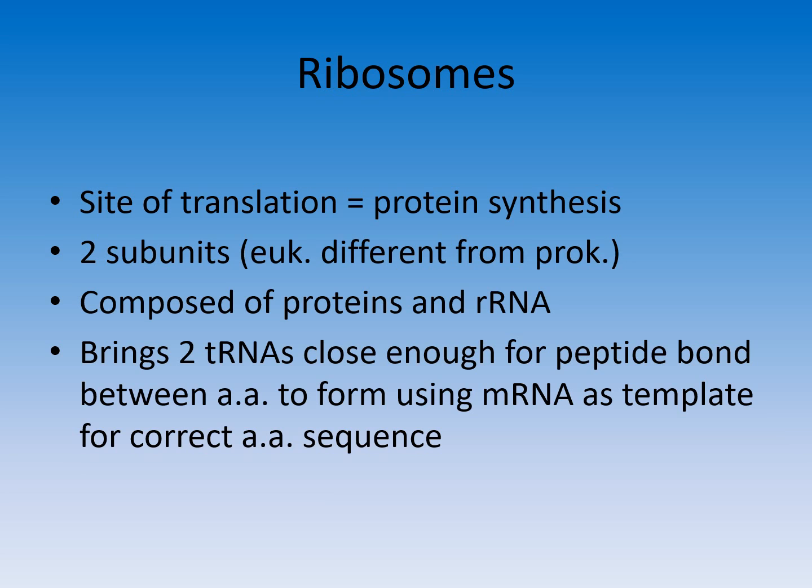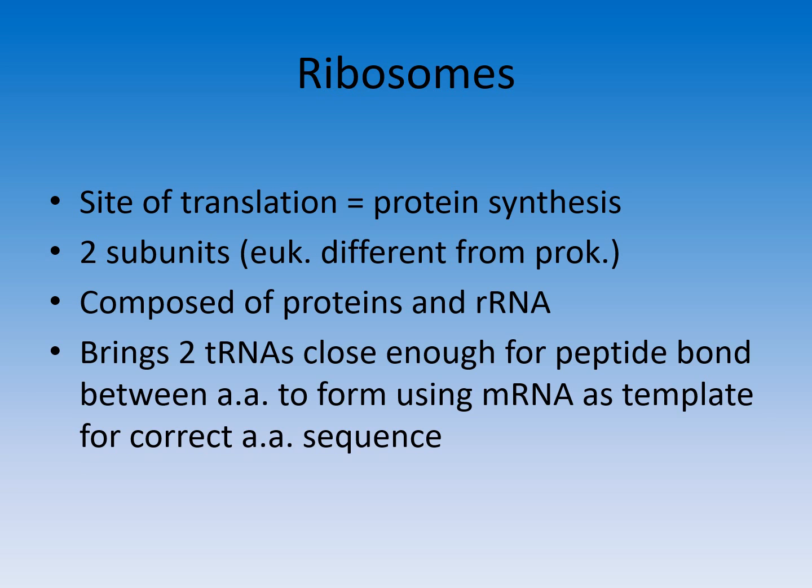If the tRNAs are carrying the amino acids, you're wanting to make a protein, which is a sequence of amino acids. So you have to get two amino acids close enough together to form a peptide bond. Remember, a peptide bond is a covalent bond that is between two amino acids.